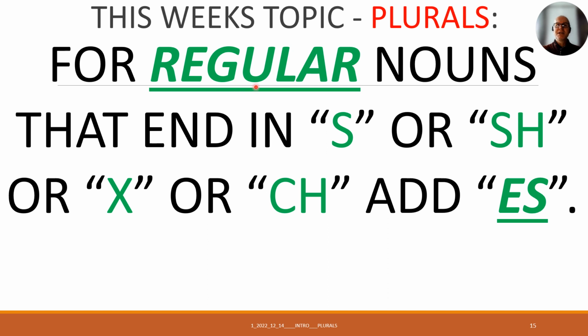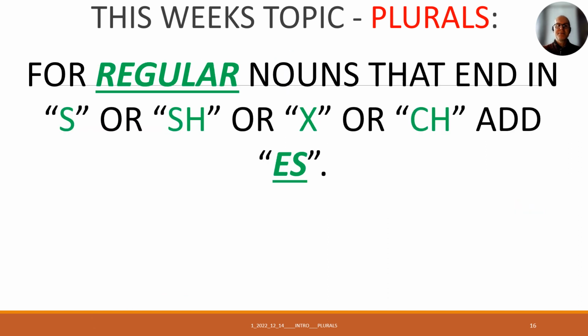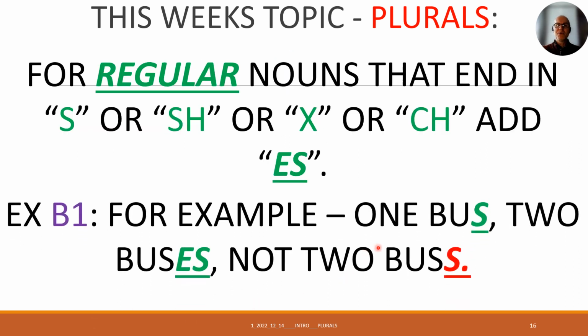For regular nouns that end in an S or SH or X or CH, you add an ES to the end. For example, one bus becomes two buses with an ES at the end of bus. It's not two buss. It's not just an S at the end.